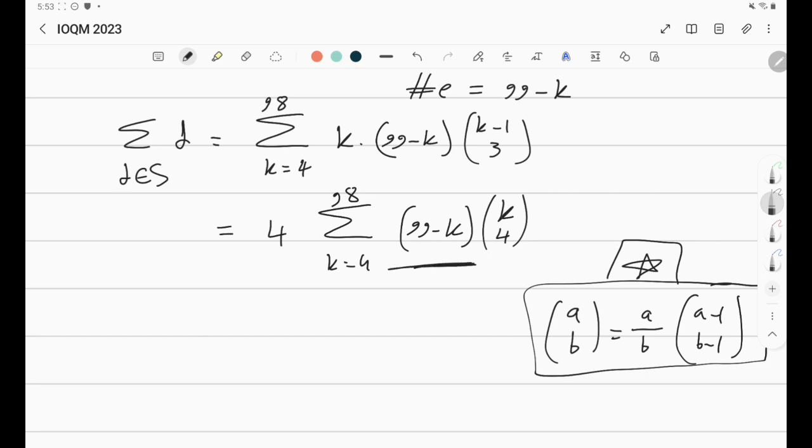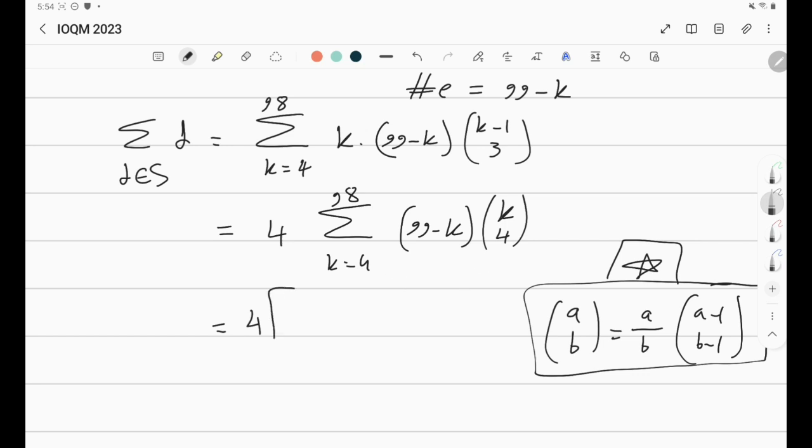Now how are we going to deal with this? We still have a k, it's a problem. So we're going to use the exact same trick. If we want to do this again, we're just going to need to have k plus 1. So I'll write 100 minus (k plus 1), and I'm going to expand it here and here.